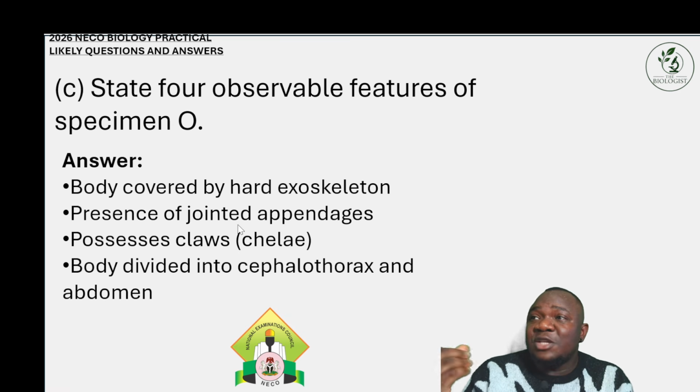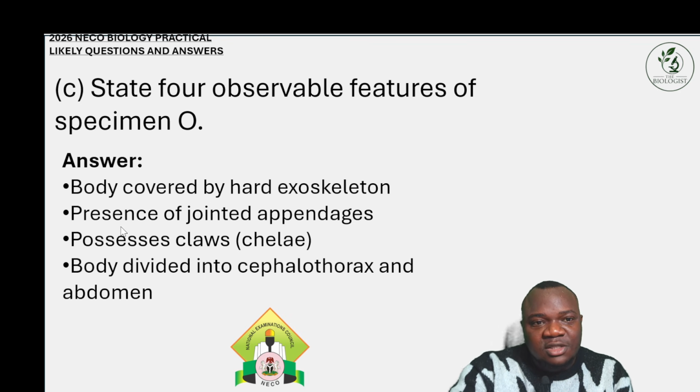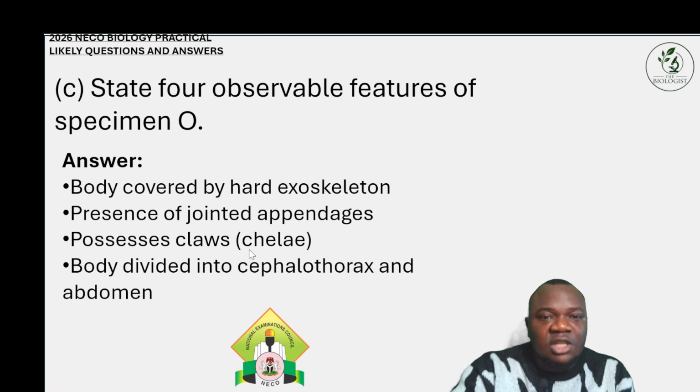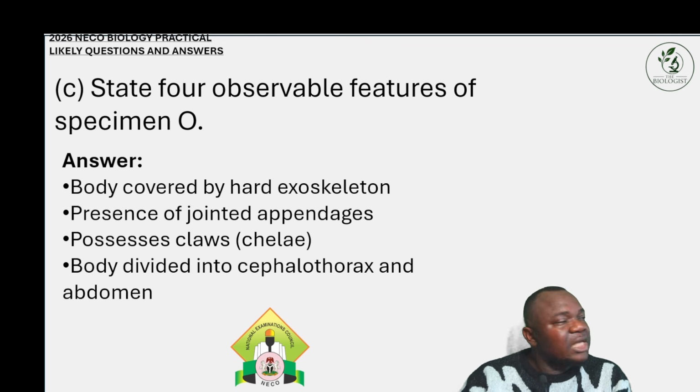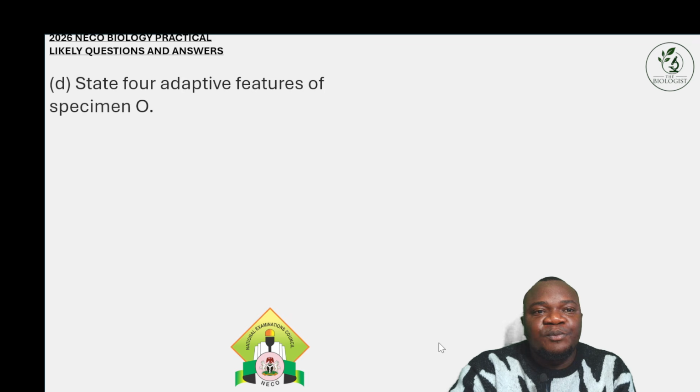We have different skeletons: we have exo, we have endo, we have hydrostatic skeleton. So they have exoskeleton. Then they have presence of jointed appendages. They have claws, also called the chelae, and their body is divided into cephalothorax and the abdomen. They don't have too many body parts, so they just have the cephalothorax and the abdomen. Okay, so it's very important.